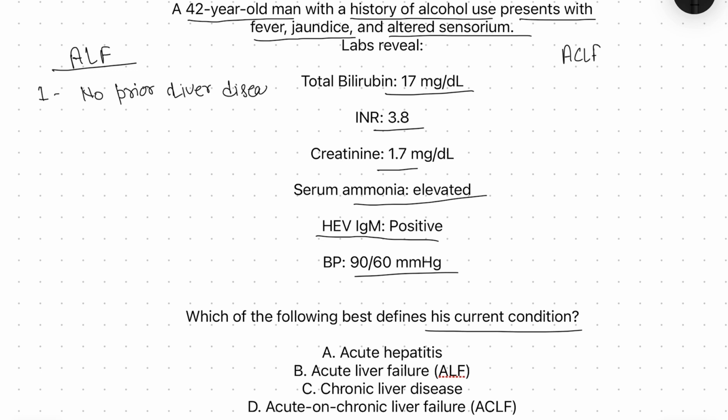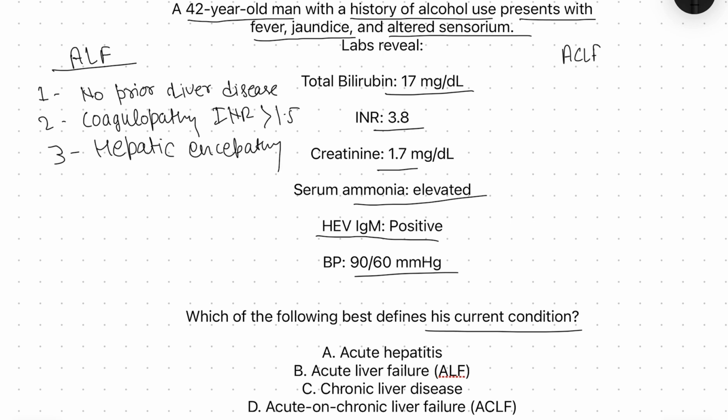Second, there should be coagulopathy, which means INR more than 1.5, and there is hepatic encephalopathy, and there is acute hepatic dysfunction present with jaundice. So these are the criteria to define acute liver failure.